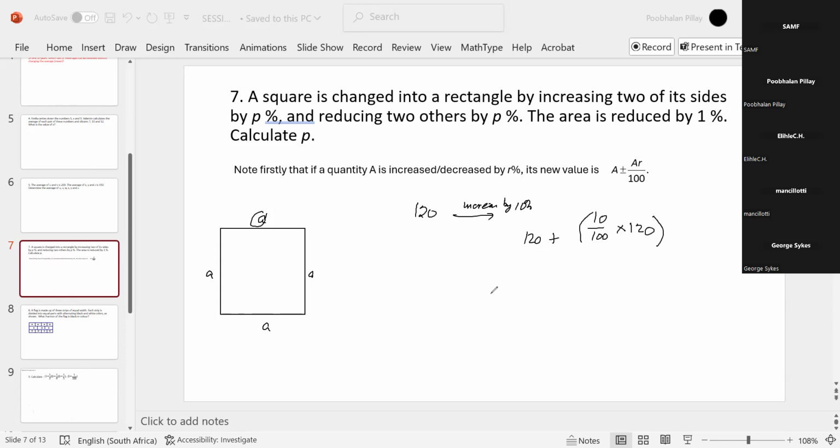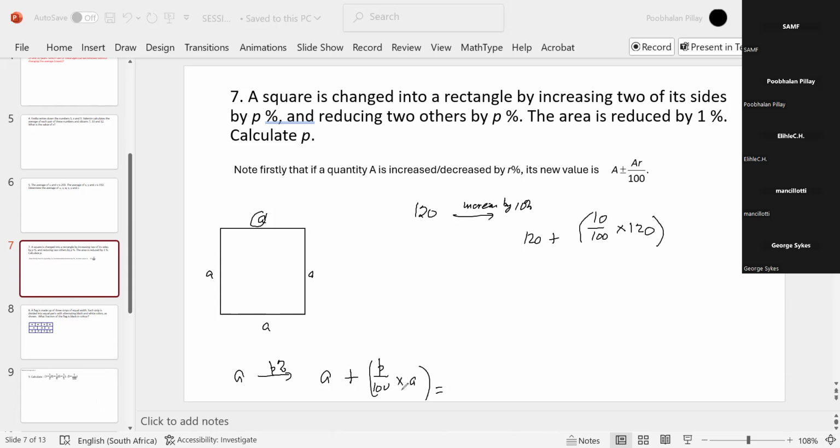Whenever you increase a number, so if I increase a number A by P%, then from what we said here, it is the original number A, but you have to add to that P% of A, the way we did 10% of 120. So P% is P over 100 multiplied by A. That means A is a common factor now, you see.